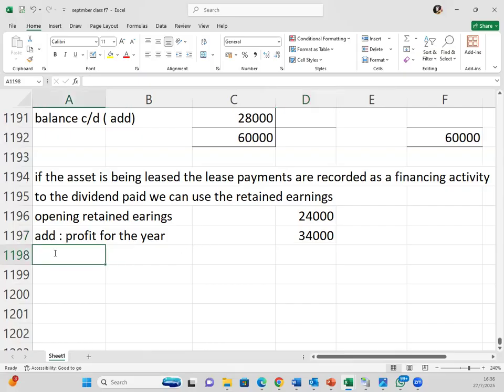Then less the dividend paid. You then get the closing retained earnings. The dividend paid reduces the retained earnings.